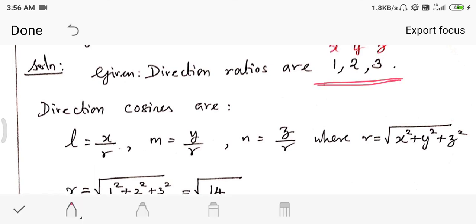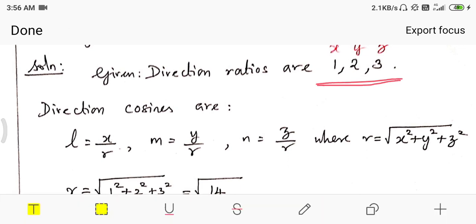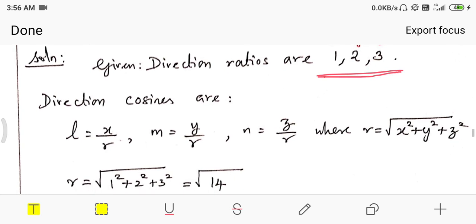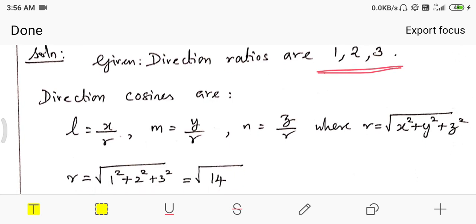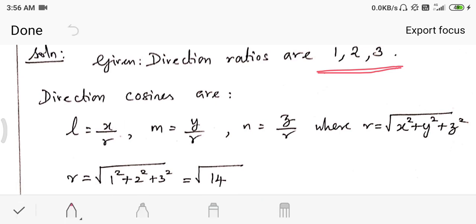These are the x, y, and z values. You just substitute and find the r value. We see that r is root 14 and x is 1, so l will be 1 by root 14. Similarly, m is equal to 2 by root 14, n is equal to 3 by root 14.